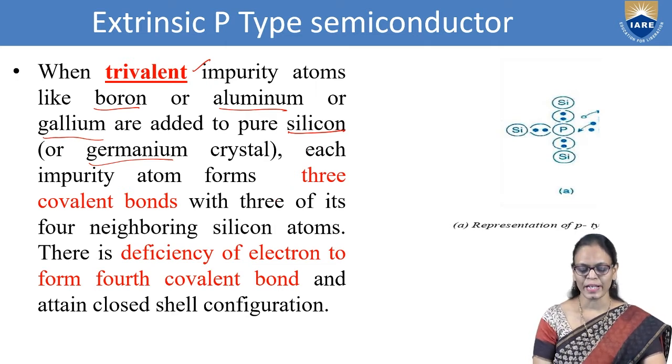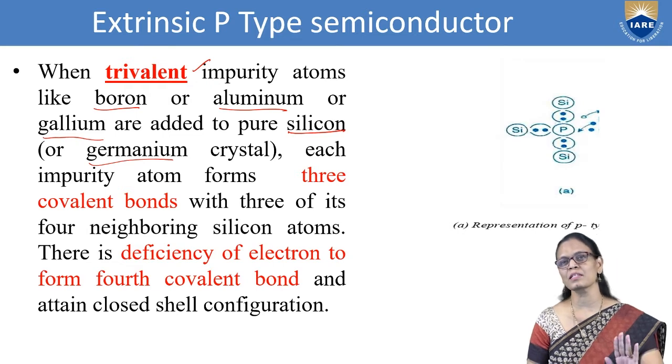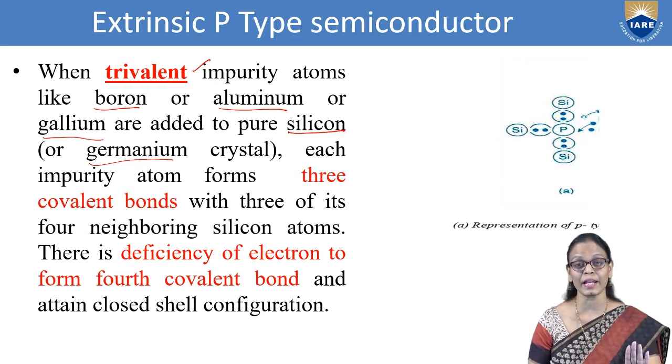Then what happens? Each impurity atom forms 3 covalent bonds with 3 of its neighboring silicon atoms. If you take a pure semiconductor, for example silicon, it consists of all silicon atoms arranged in a systematic fashion. We call it a crystal lattice. They are arranged in a periodic fashion.